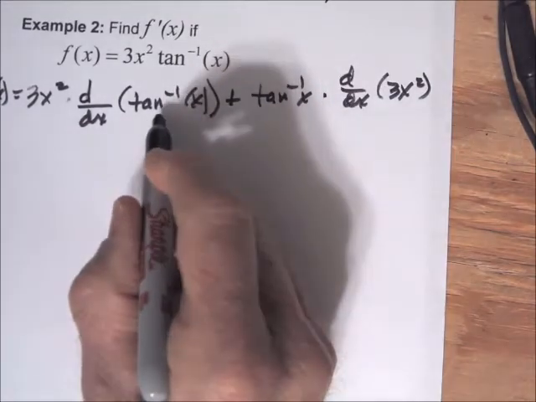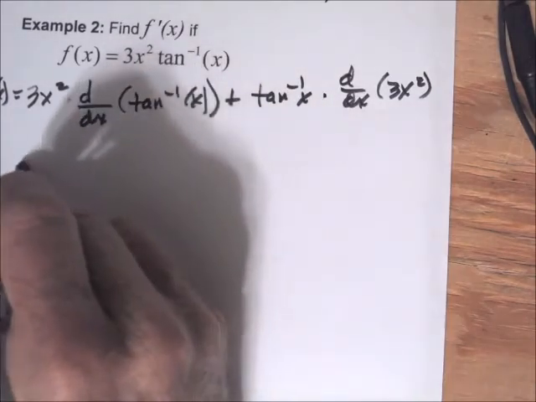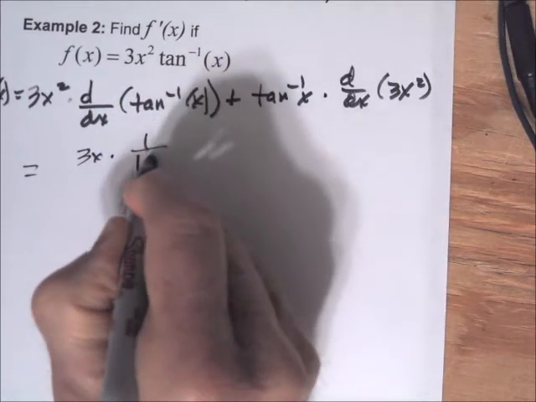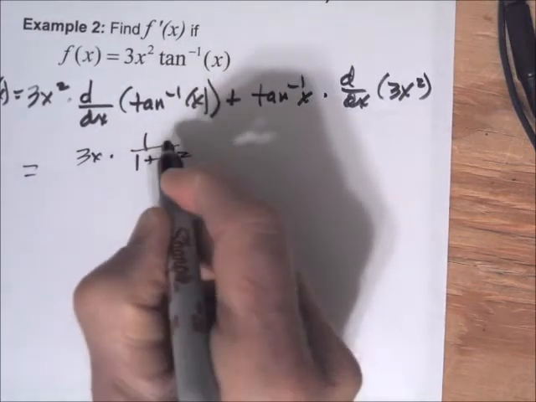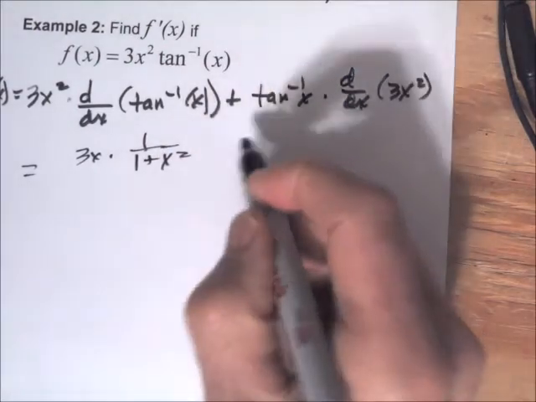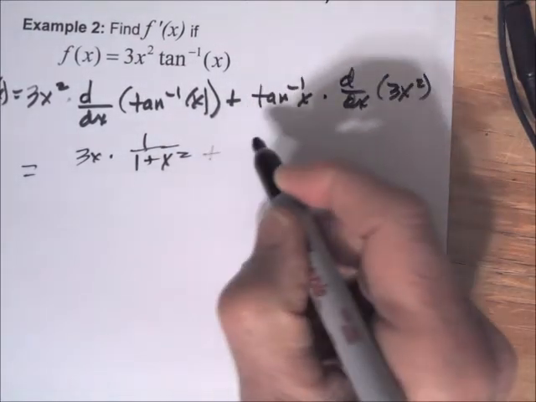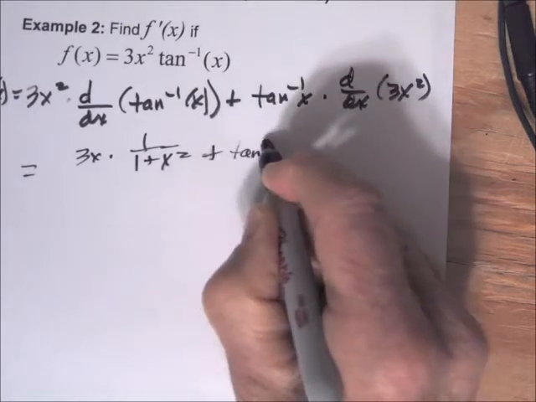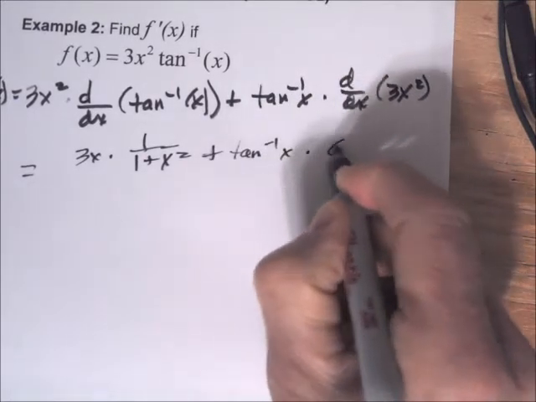The derivative of tangent inverse of x we said was 1 over 1 plus x squared. That's the formula. And the derivative of 3x squared is just 6x. So it's plus tangent inverse x times 6x.